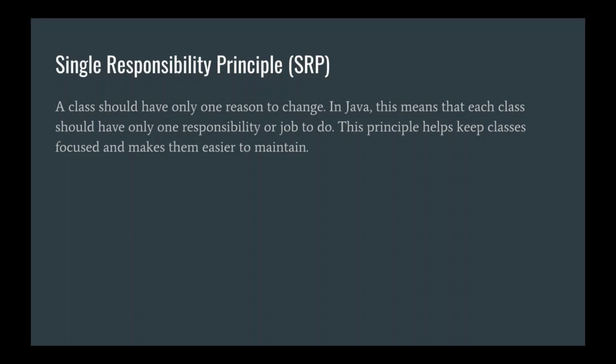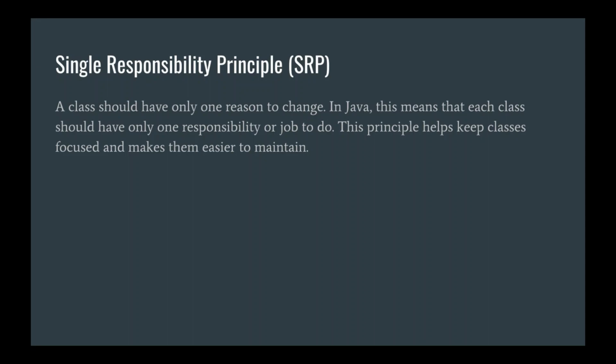That responsibility is what makes that class be there, and it should perform that function really well. This principle helps us keep our classes focused and makes them easier to maintain because they are driven by the functionality that they're supposed to deliver, not just there for the sake of being there.